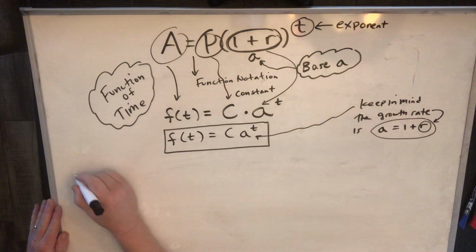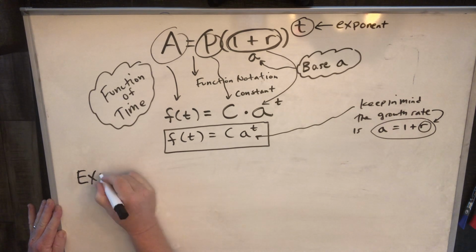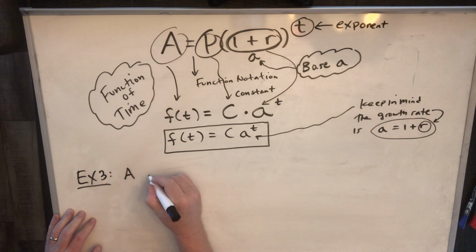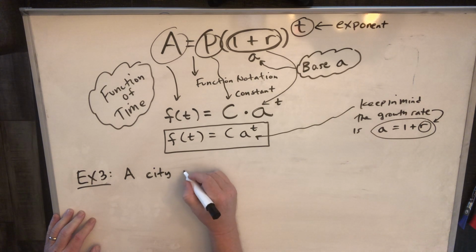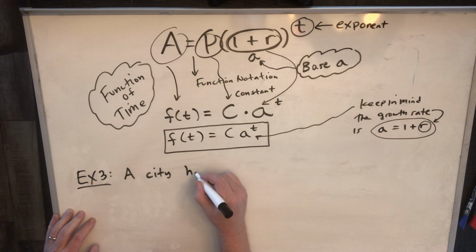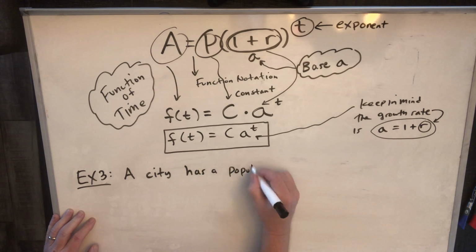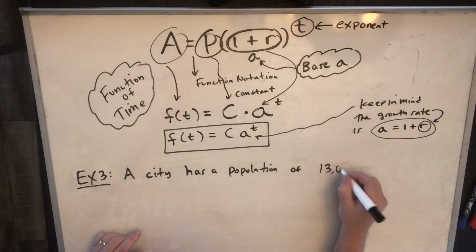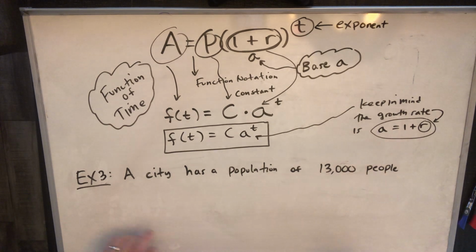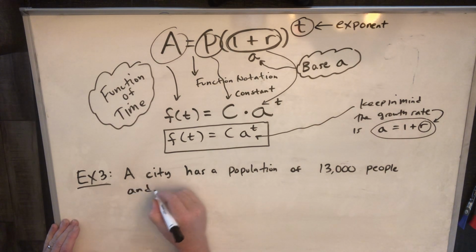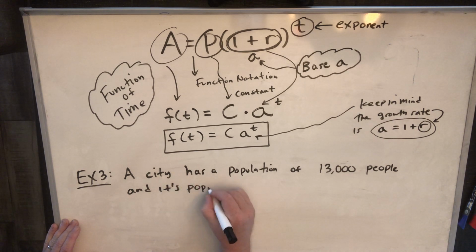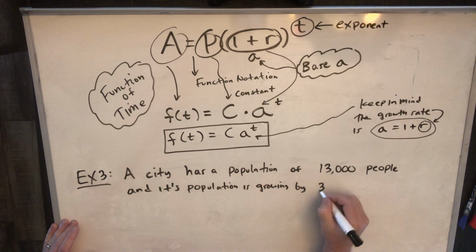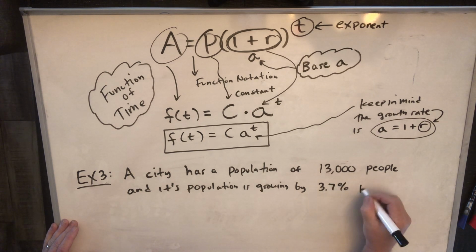So let's do an example. A city has a population of 13,000 people, and it is growing by 3.7% per year.